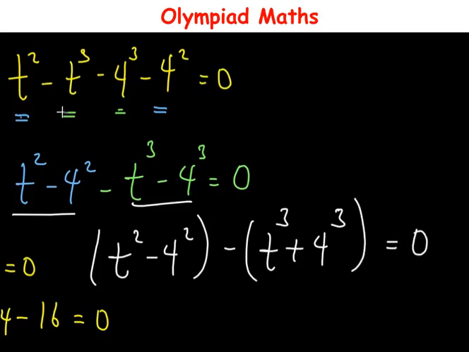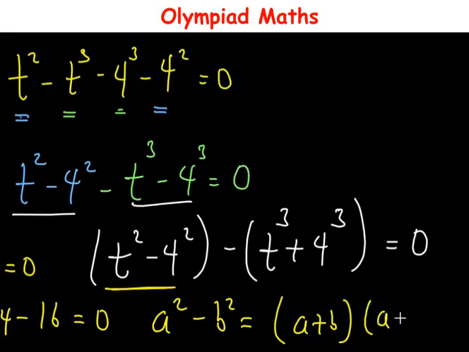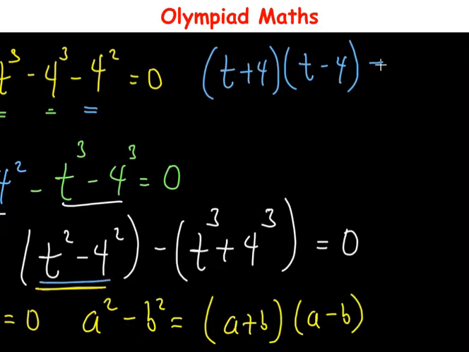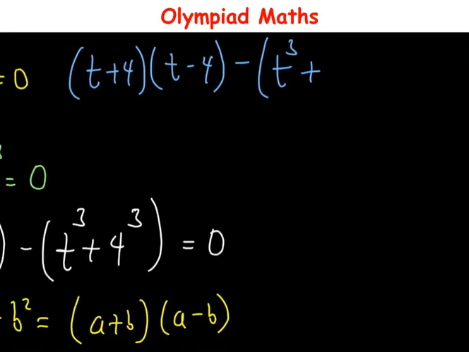Now, looking at this right here, this is simply in the form of a² minus b², difference of two squares. If you have a² minus b², this equals (a + b)(a − b). So this then becomes (t + 4)(t − 4). Now we have expanded this, it remains minus (t³ + 4³), this equals 0. Looking at this, we have the sum of two cubes.